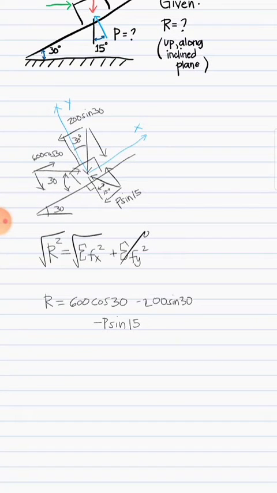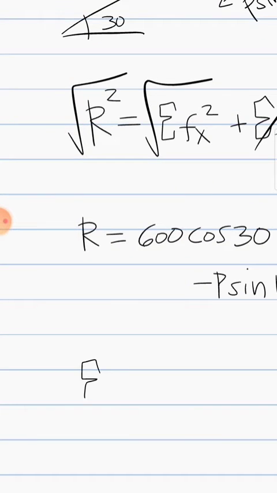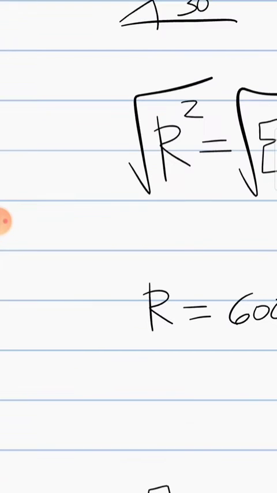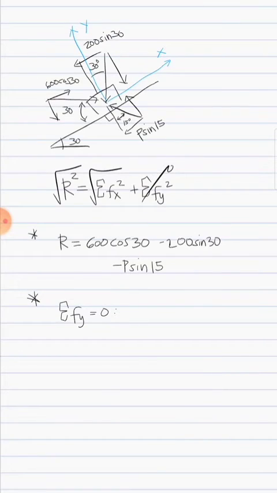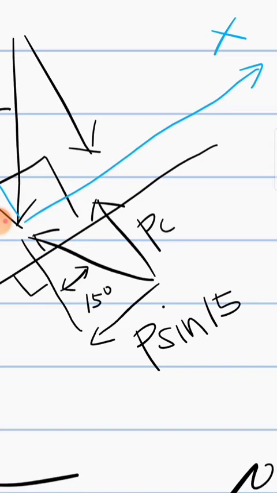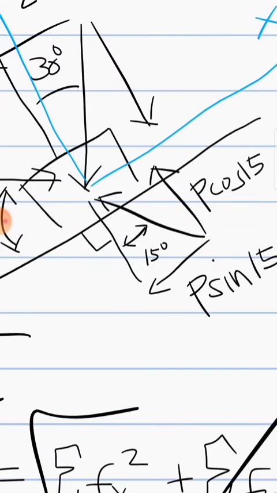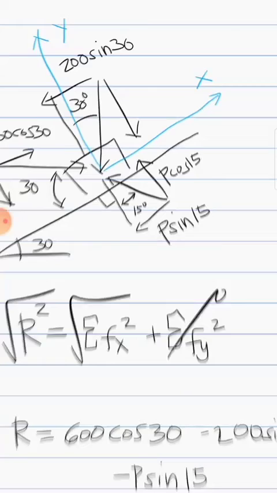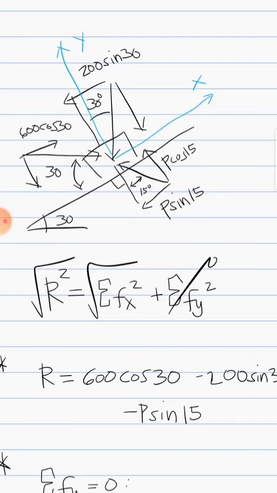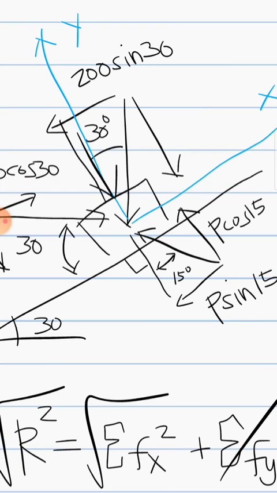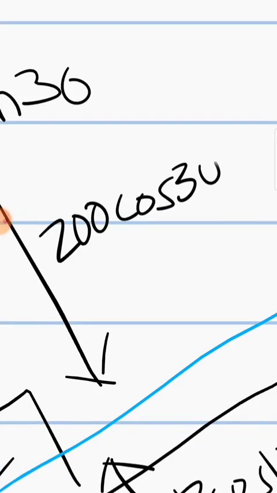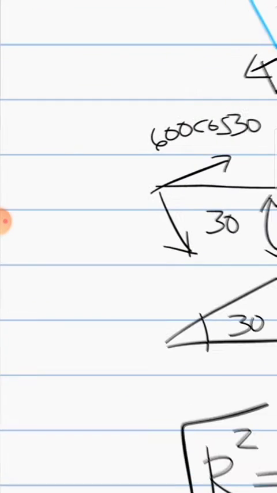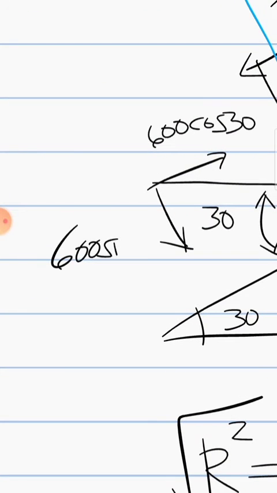Now to find what P is, we know that the sum of the forces in the Y is equal to 0, because there's no motion. Let's say this is equation 1, this is equation 2. We have P cosine of 15, this component right here, and then 200 cosine of 30, and 600 sine of 30.